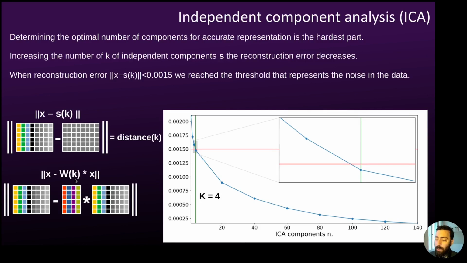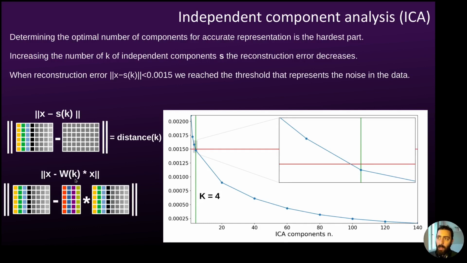So how are we going to find this number K? In my case, I decided just to increase the number starting from 1 and going up. You can see here the definition of this distance. You take the norm of the original vector minus the reconstructed one, and you compare it with some number.